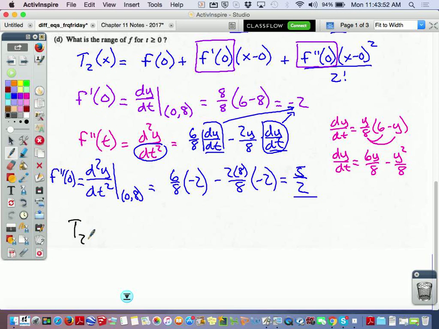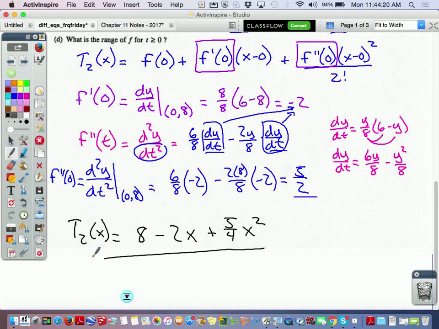So the final answer for the Taylor polynomial: f of 0, we know that's equal to 8. f prime of 0 was negative 2, so we're going to get minus 2x. And then our next term, the second derivative, which is 5/2, divided by 2 factorial, would be 5/4 x squared, and that would be the Taylor polynomial for this problem centered at 0.